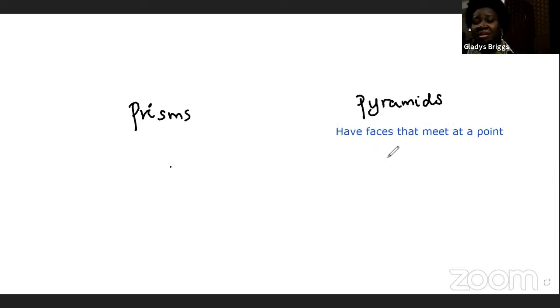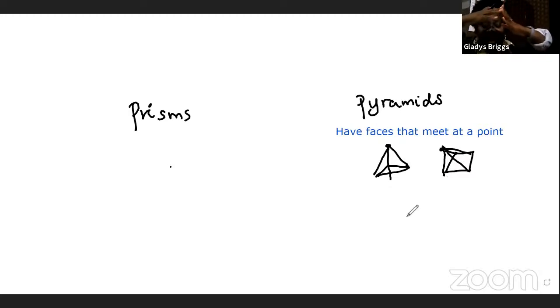We learned about the triangular base pyramid, the one that has a triangle on the bottom. And we learned about the square base pyramid. And we learned about the octagonal pyramid. And the one thing that is common between all of them is, as you can see, they all meet at a point on the top there. So they are all pyramids.